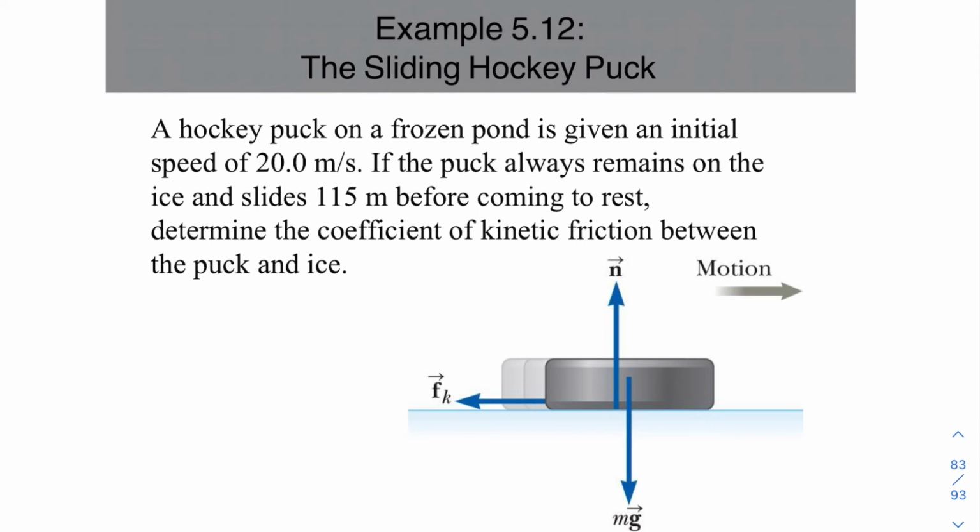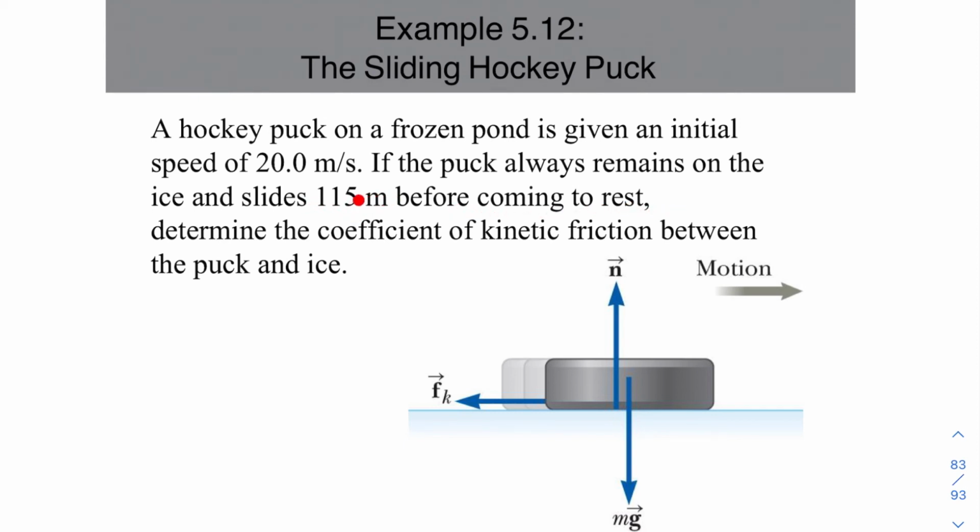Okay, so now let's say this is the hockey puck and the possible motion is to the right, so friction is going to be to the left. So since the puck itself is already given an initial speed of 20 meters per second, it confirms you have a motion and you have another piece of information, 115 meters before coming to rest.